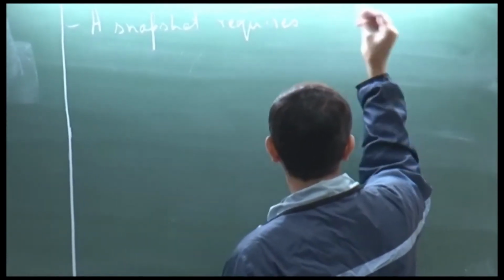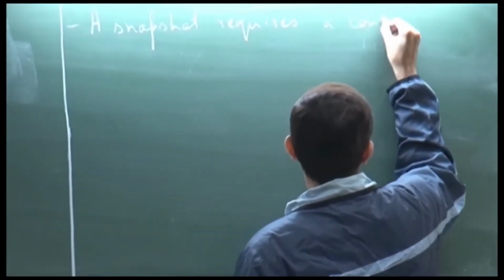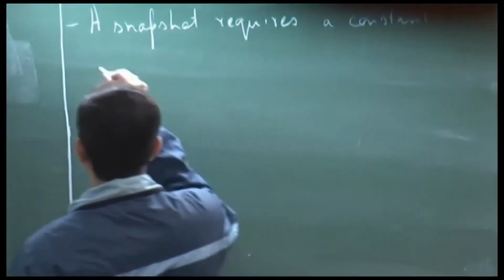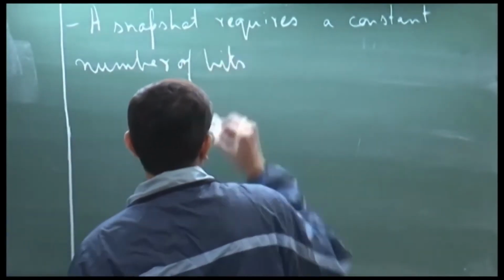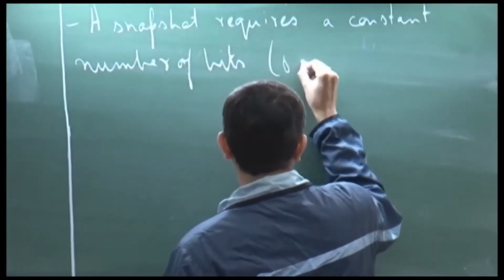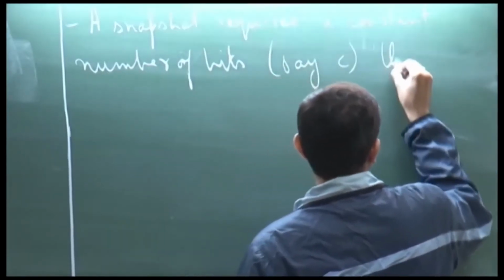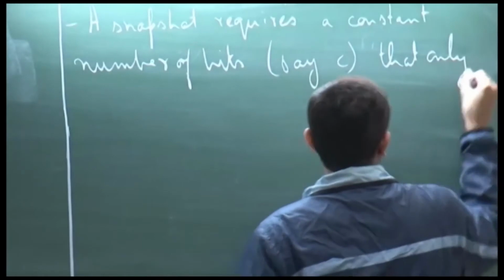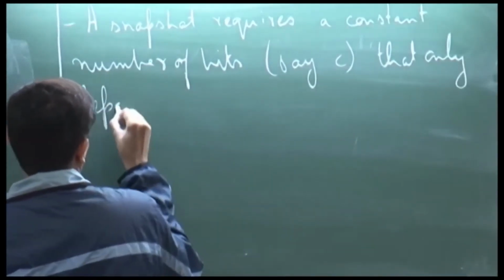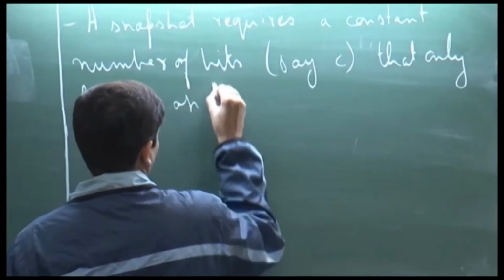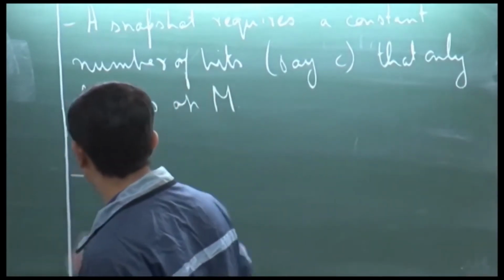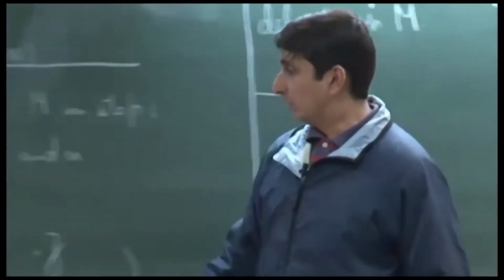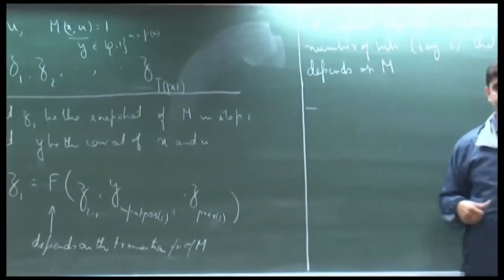requires a constant number of bits, say c, that only depends on the machine M. In other words, it does not depend on the input size. So, now what is the size of this argument as a function of c?